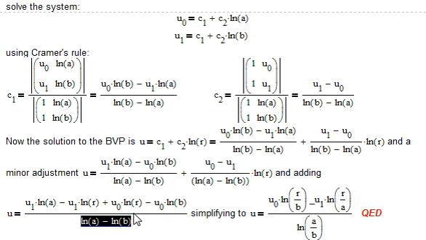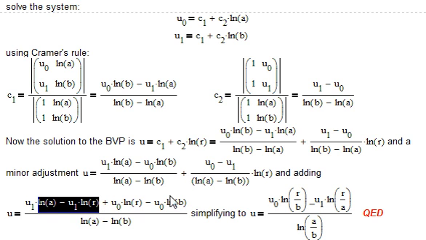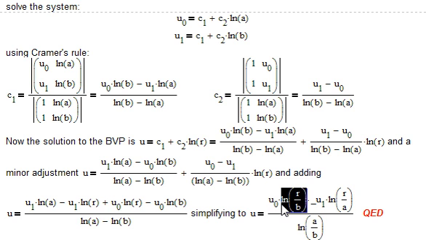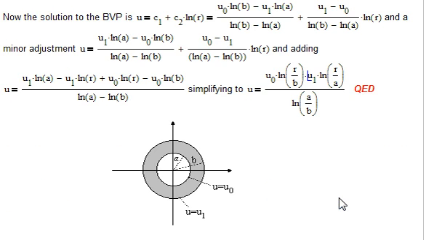Factor out my u sub 0, I got u sub 0 times ln of r minus ln of b, which is ln of r over b. Factor out my u1, I got ln of a minus ln of r, which is ln of a over r. So there's u1 as stated, or u0 ln of r over b minus u1 ln of r over a, which is pretty terrific that I got it to work out like that.